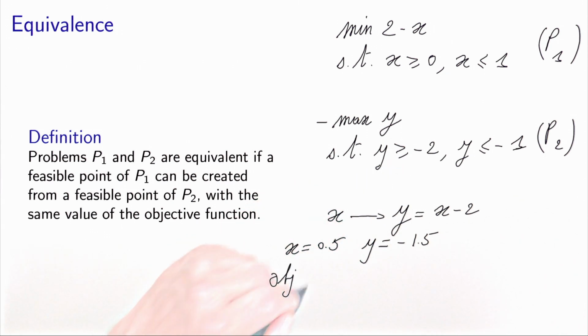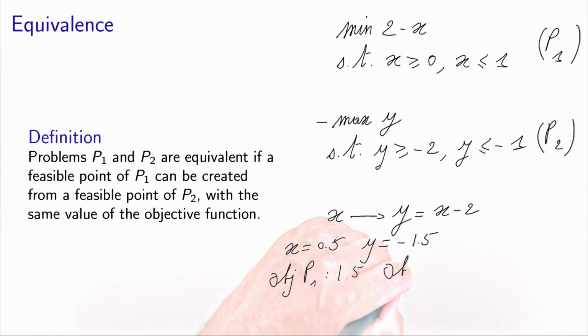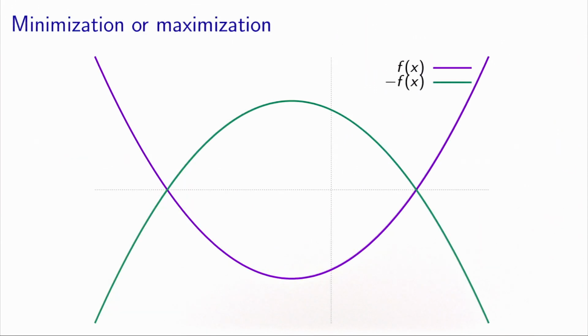Now the objective function for P1 is equal to 2 minus x, which is 1.5. The objective function for P2 is equal to y, which is minus 1.5, and you change the sign, so it's also 1.5. So now try to solve these two problems and compare the two optimal solutions in order to check that these are indeed equivalent.